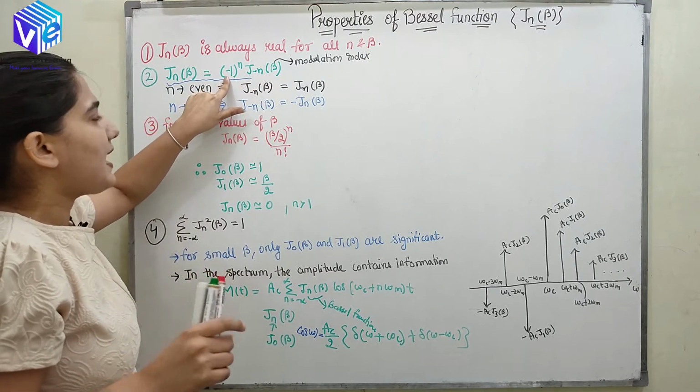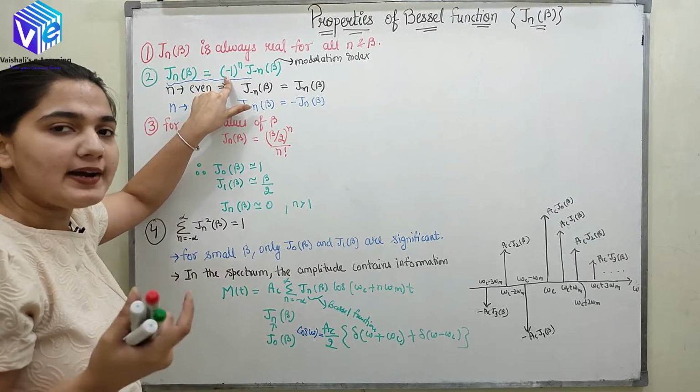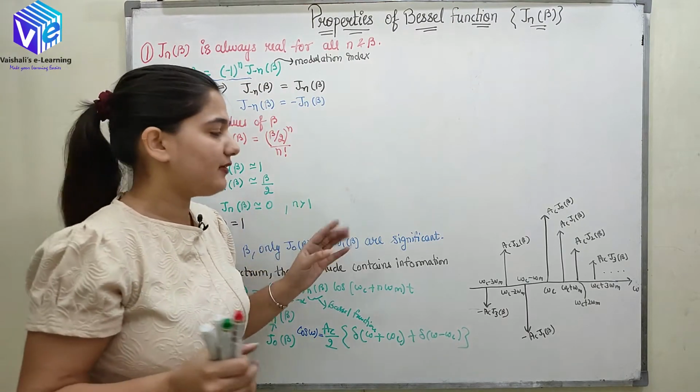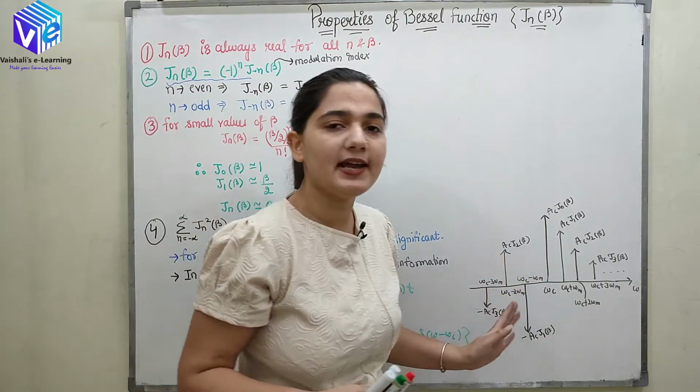When I multiply it with minus 1 raised to power n, I'll get J_n(beta).